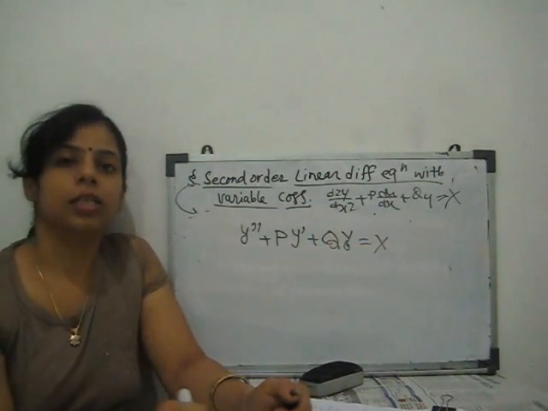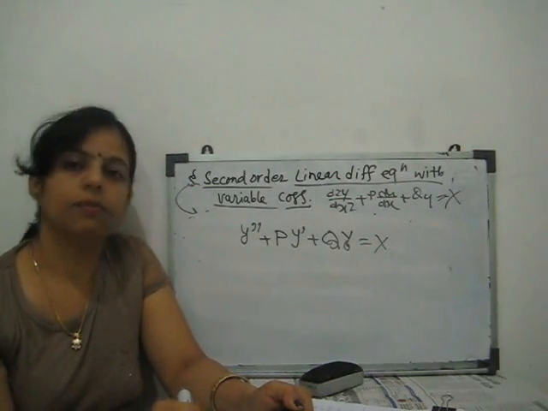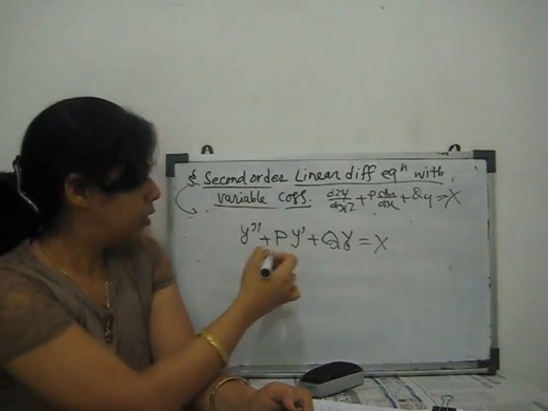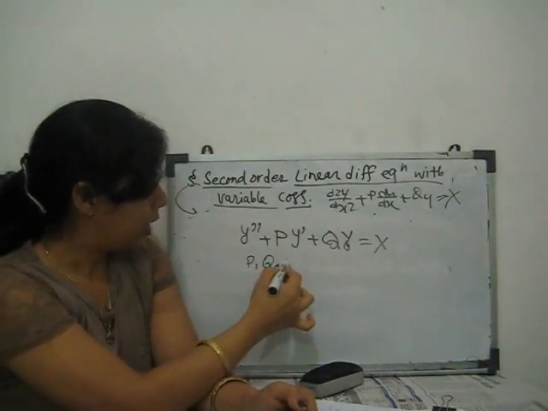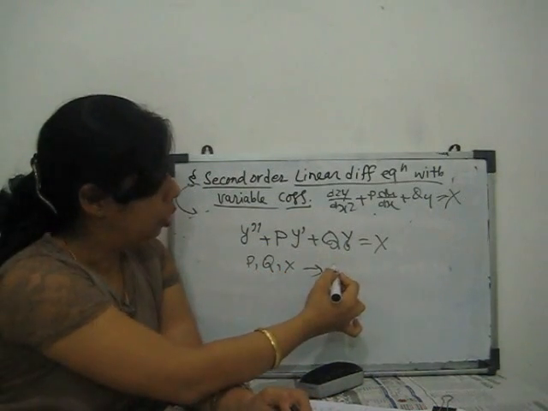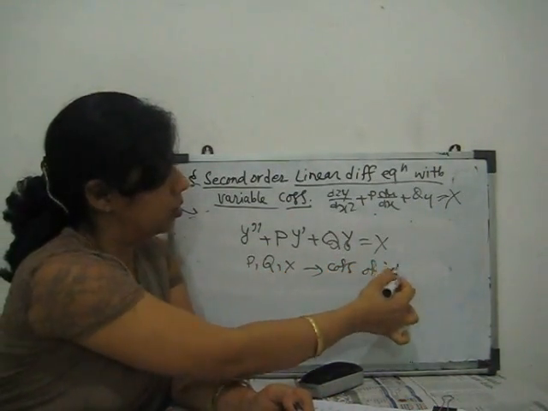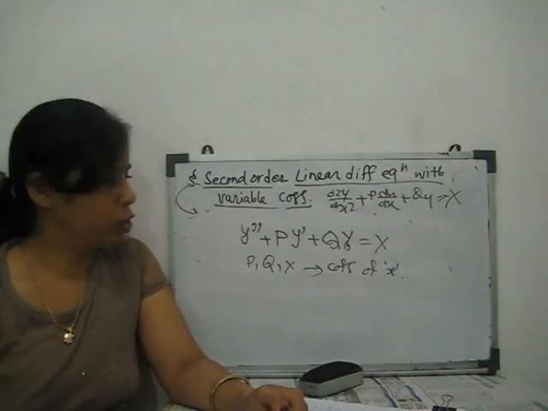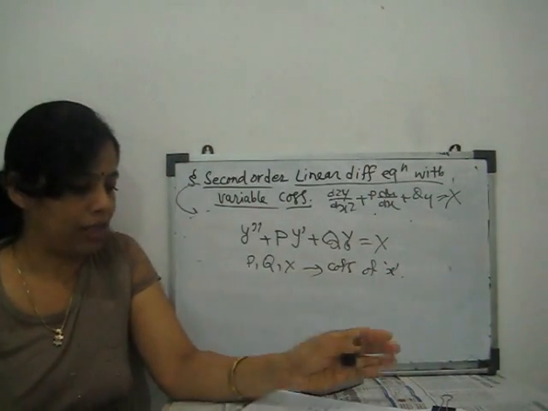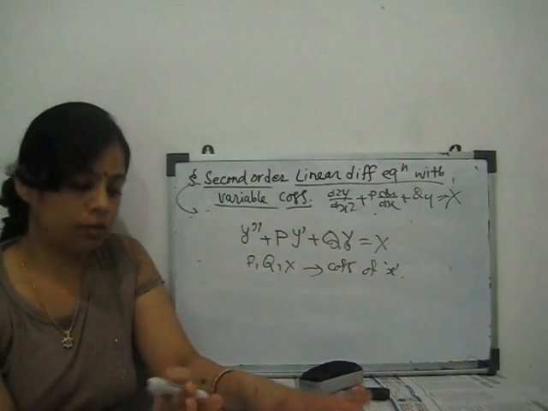Clear? So this is a second order linear differential equation with variable coefficients, where p, q and x are always functions of x only.